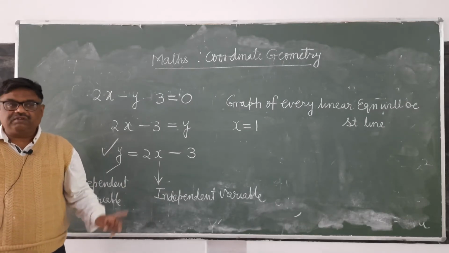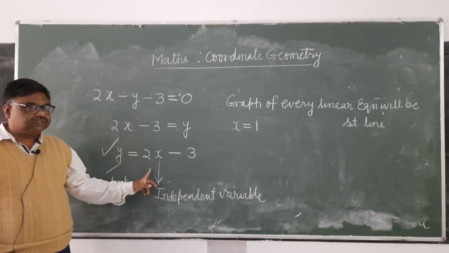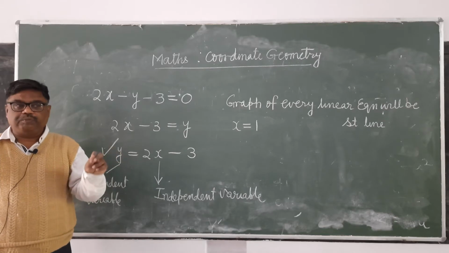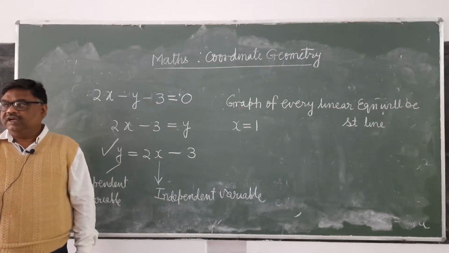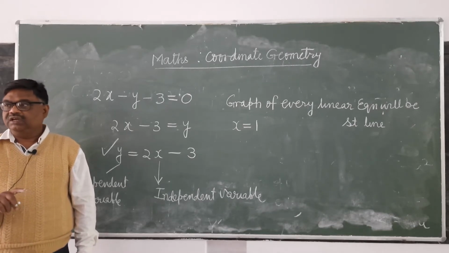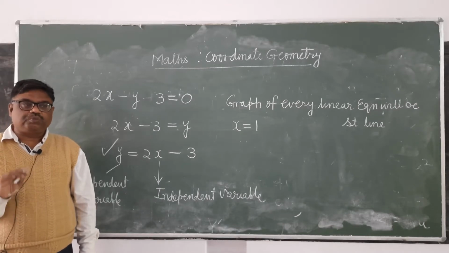But one thing we will keep in mind: take such a value of x which is either a whole number or 0.5, 1, 1.5, 2, 2.5. It may be positive, it may be negative. You can take 1, minus 1, 2, minus 2, minus 1.5, minus 2.5.